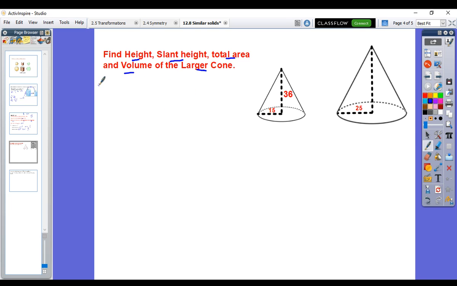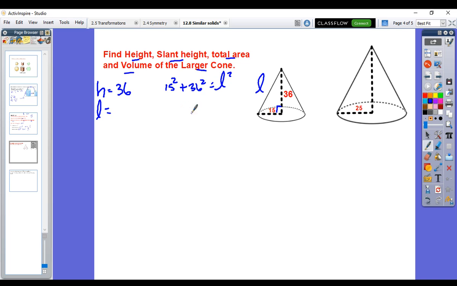So we need the height. We first need the height of the small one. So these are our small cones. The height of this one is 36. And then we need the slant height, which we use an L to represent. Well, slant height will be right here, and we don't have it on this particular cone. So let's go ahead and find it. Because it is a right triangle form here, we do the Pythagorean theorem. We're going to do 15 squared plus 36 squared equals our slant height squared.